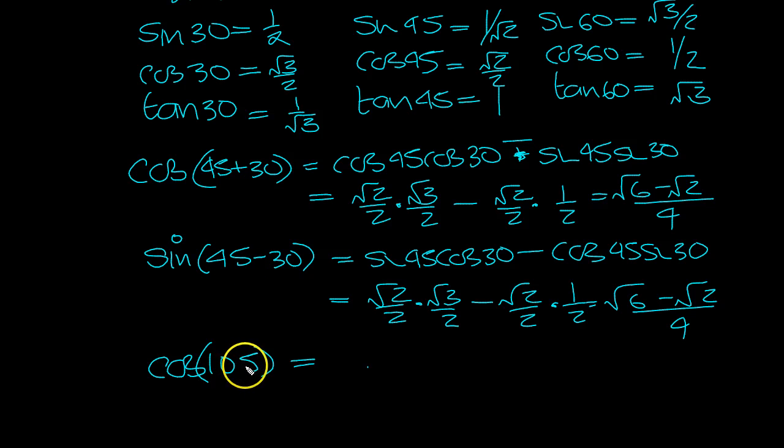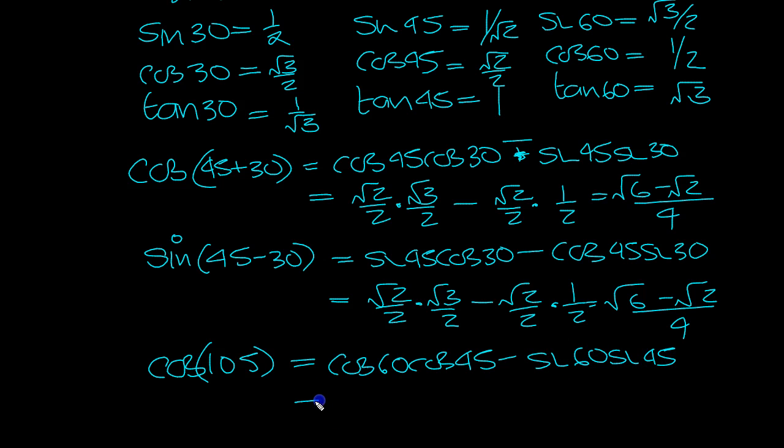So you could do cos 90, I suppose. Okay, 60 and 45, isn't it, of course? It's cos 60 plus 45. So it's cos A plus B is cos 60, cosine 45, minus sine 60, sine 45. There we are, 60 and 45.